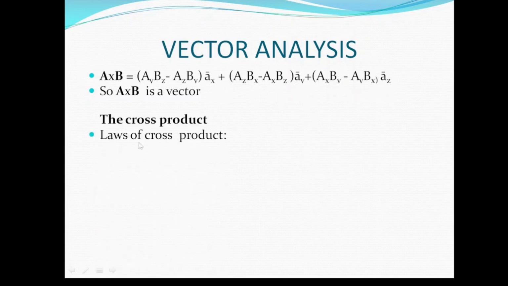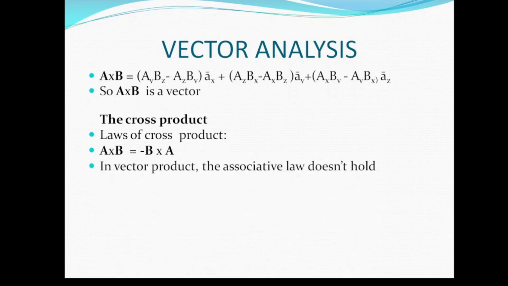Now the laws of the cross product. A cross b is equal to minus b cross a. These two are not equal; the magnitudes are equal but the direction is opposite. So a cross b is equal to minus b cross a.